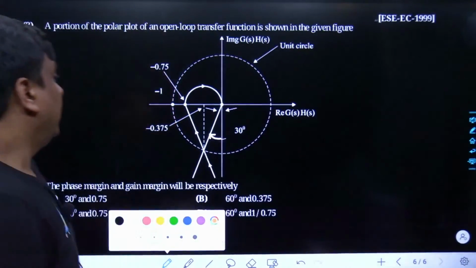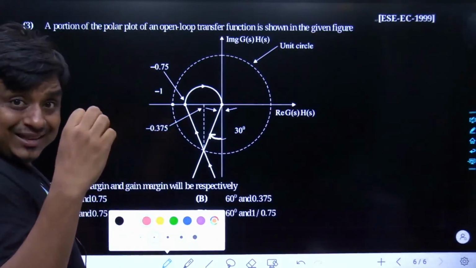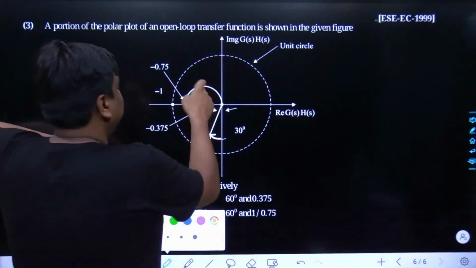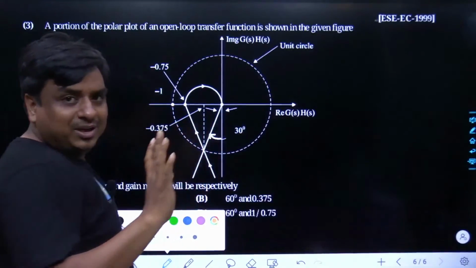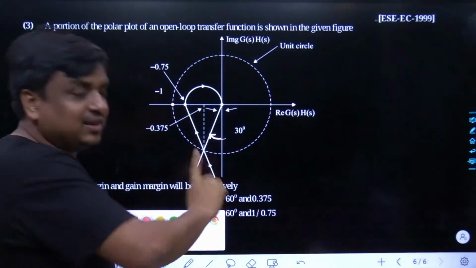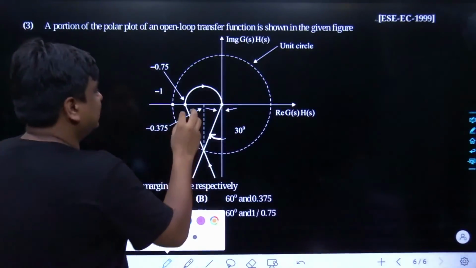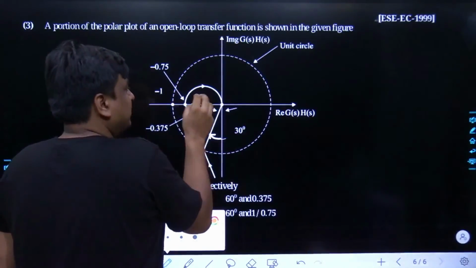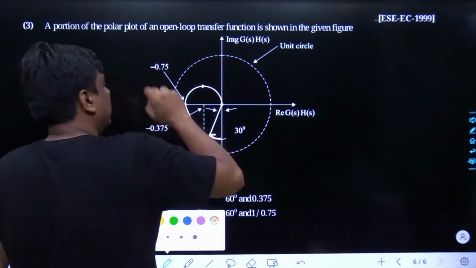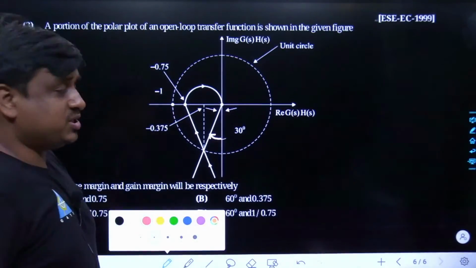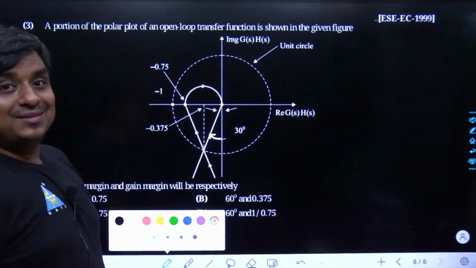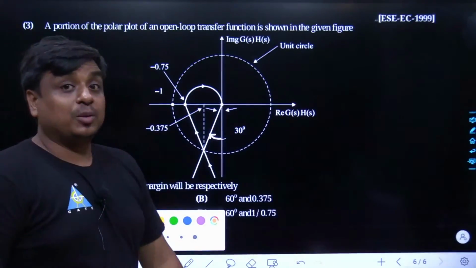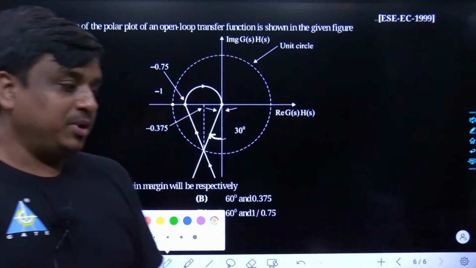Not only that, even once we start pushing gain into the system, this complete polar plot would start getting bulged from its place. That concept was already communicated in the last class as well as the class before. So once the gain starts being given to the system, it would start getting bulged, and again -1 plus j0 is supposed to get encircled. That means the gain margin is also going to be finite in nature.